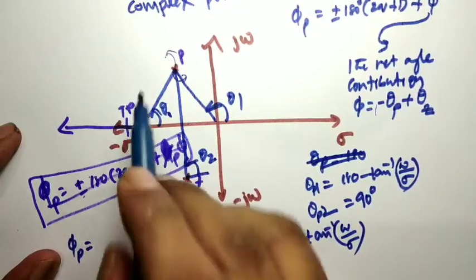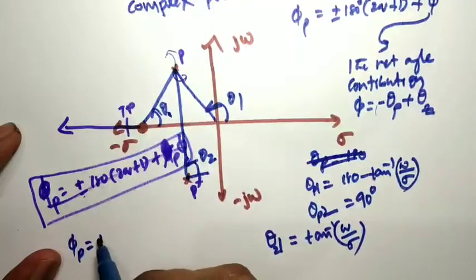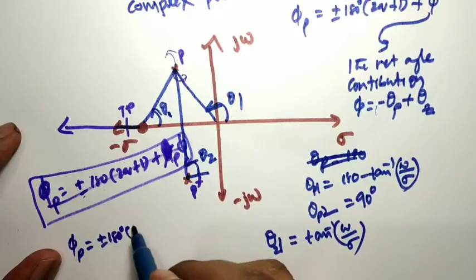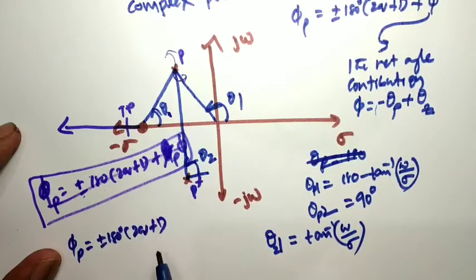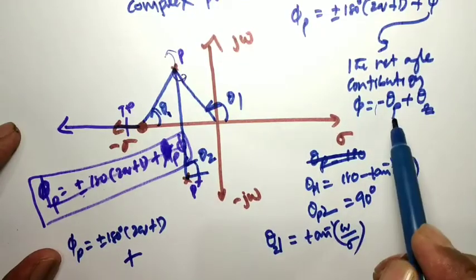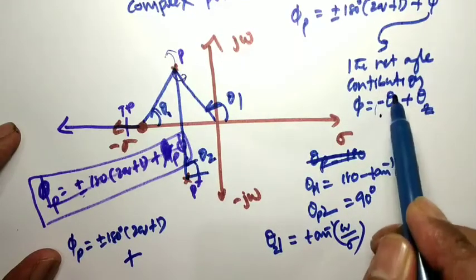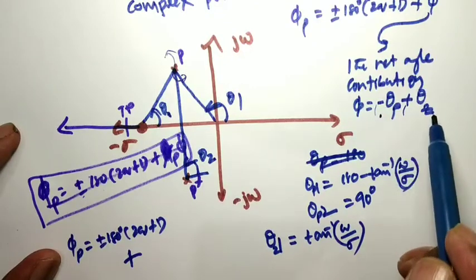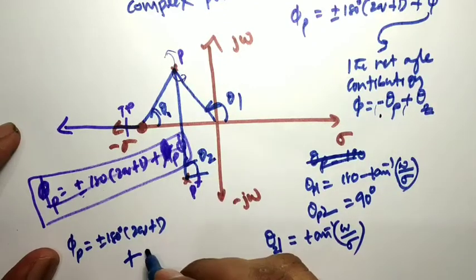So angle of departure is equal to 180 (2q plus 1), plus, so what is the phi? Phi is equal to minus theta p plus theta z. What is theta p?